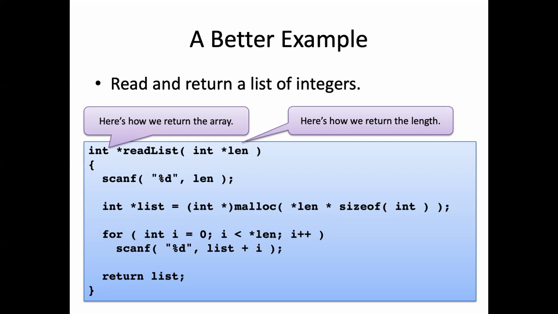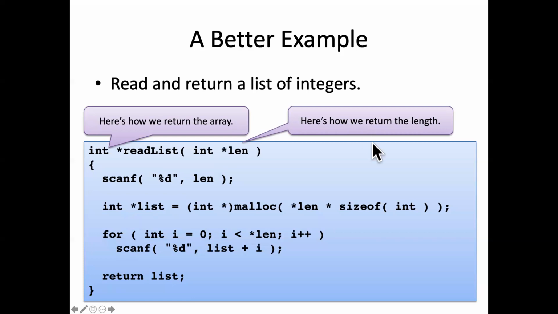So the idea is you call this function, and it's going to read in a list of integers and store it in a dynamically allocated chunk of memory that we're going to use as an array. It's got a parameter here that I called length. I made that parameter an int pointer, but I'm really thinking of it as a pass by reference parameter.